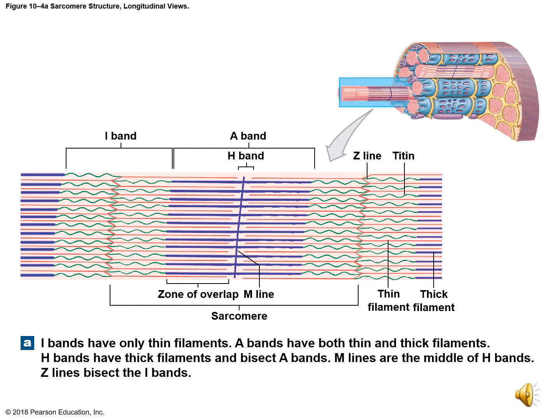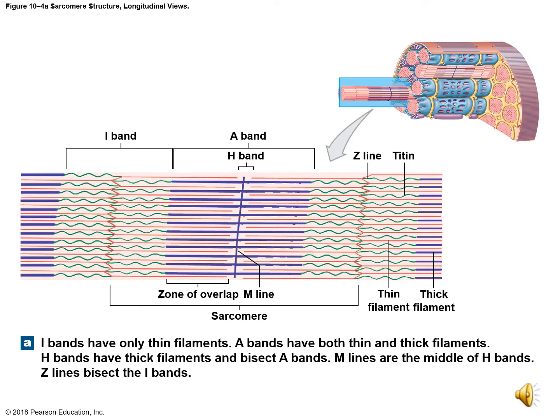Then on either side, including the M line, there is the H band. This runs from one side to the other where there is only myosin in this area, and then in the remaining part of the A band, there will be 2 zones of overlap, one on either side, and these are areas where you're going to have both the myosin, the thick filament, and the actin, the thin filament, overlapping with each other.